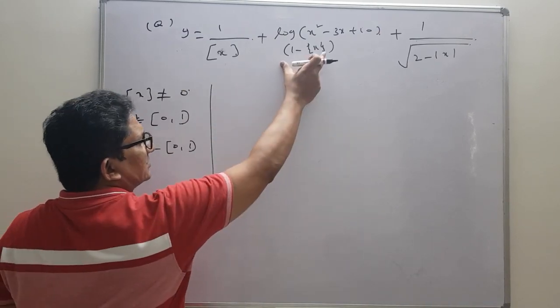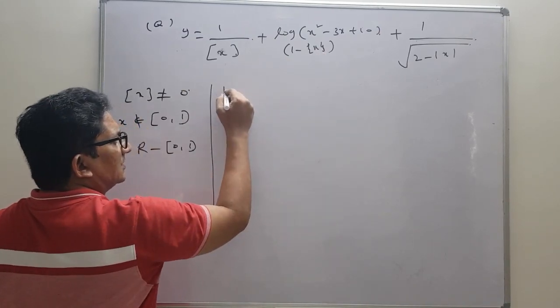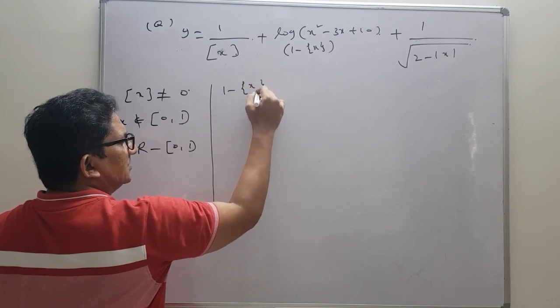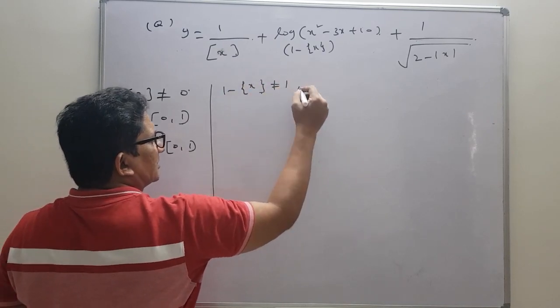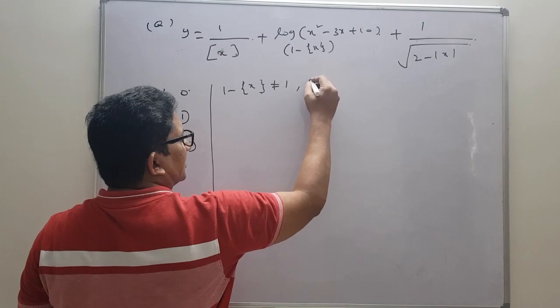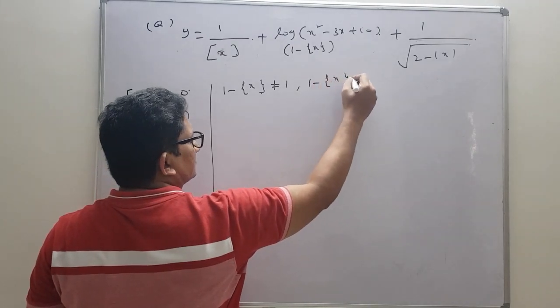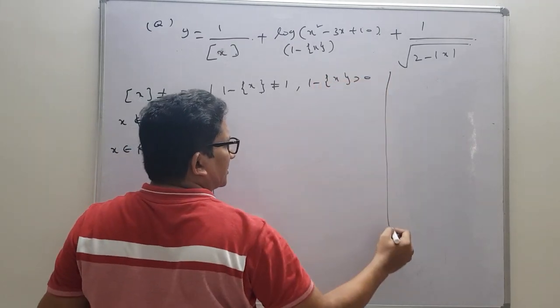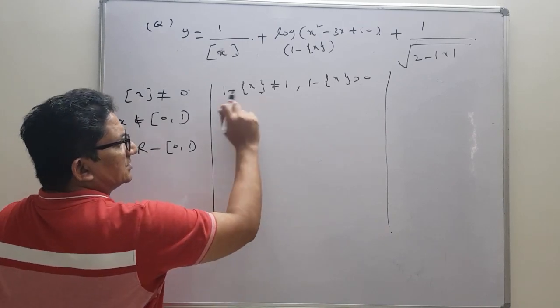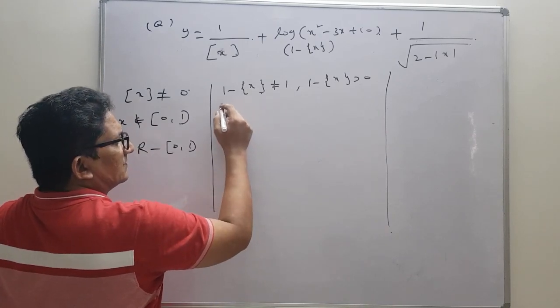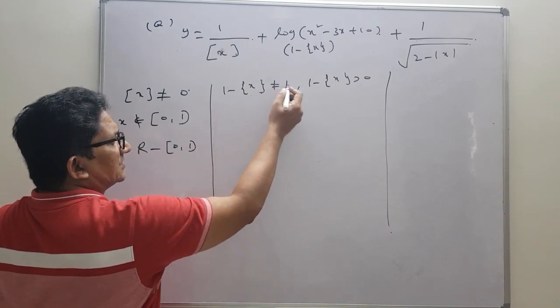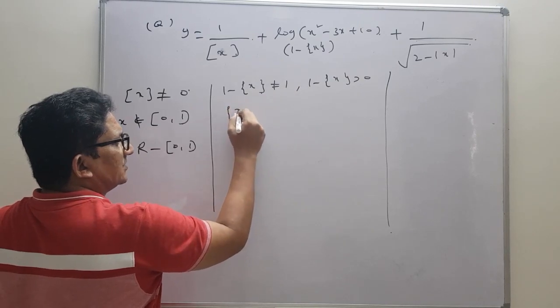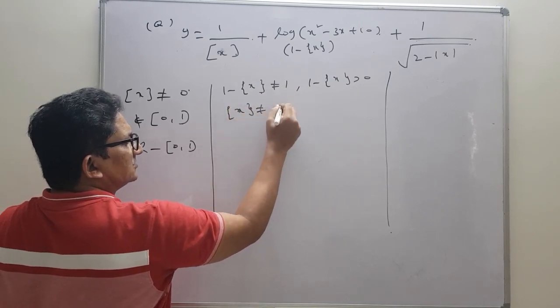So in logarithms, always first concentrate on the base. That means your base should be not equal to 1 and greater than 0. So here, 1 minus fractional part of x is not equal to 1, which means fractional part of x is not equal to 0.